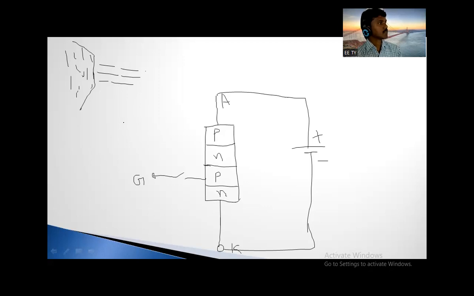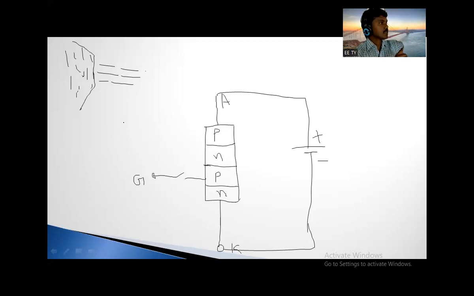To flow the current from P type material to the N type material, the junction should be forward biased. When will the junction become forward biased? Exactly, the right answer.